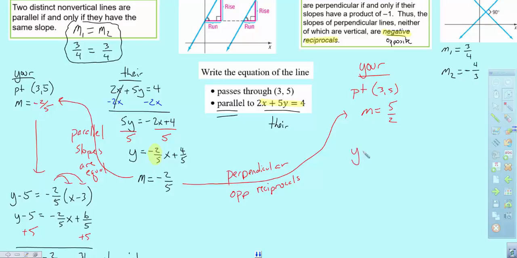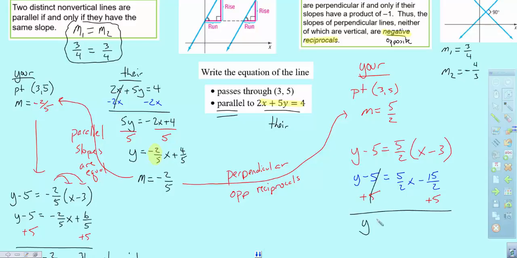So now we can say y minus 5 is equal to 5 halves x minus 3. And I can start to solve this. y minus 5 is equal to 5 halves x minus 15 over 2. I can add 5 to both sides, so the 5s cancel on the left and I get y equals 5 halves x.